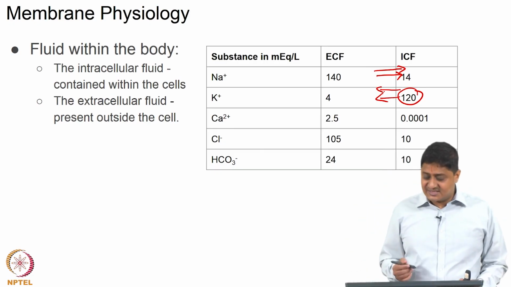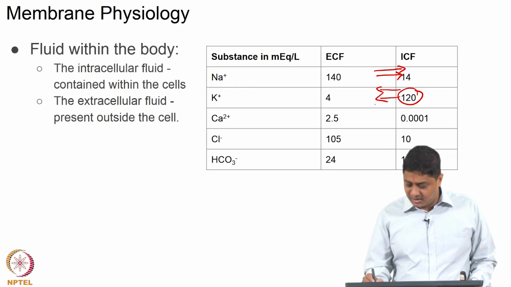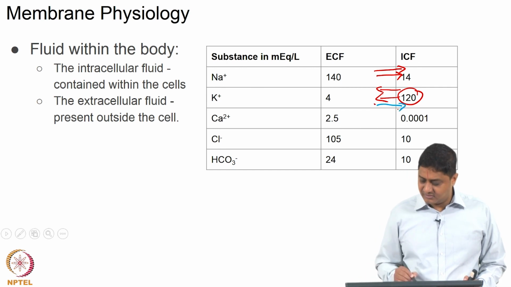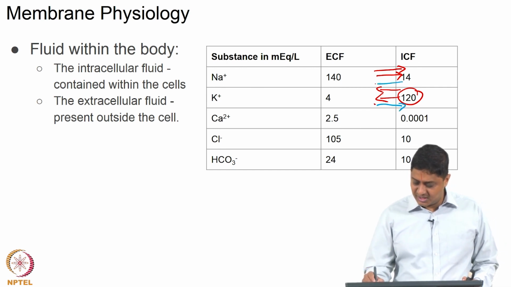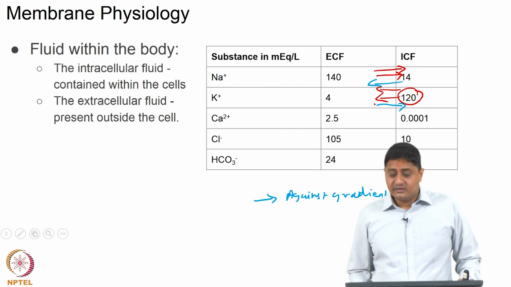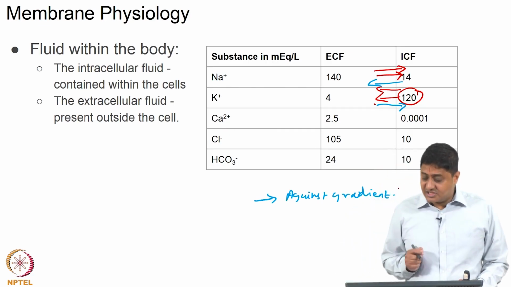This is what you would expect. But in some cases there is a need for transport to happen in the opposite direction. I am using a different color just to show that the transport direction is against the gradient. So, there are cases when this is of interest, and for this obviously energy must be expended.